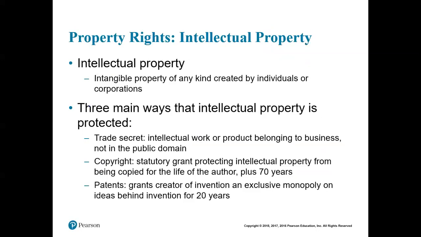Intellectual property is created by individuals or corporations, and owned by those individuals or corporations. It could be trade secrets, copyrights, or patents. Patents deal with inventions, good for 20 years. Copyrights are things like books, poetry, music, videos, about 70 years.